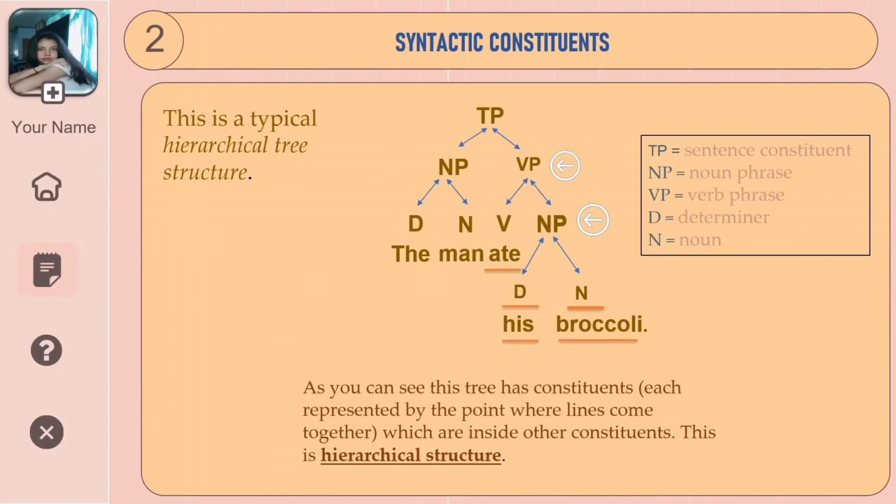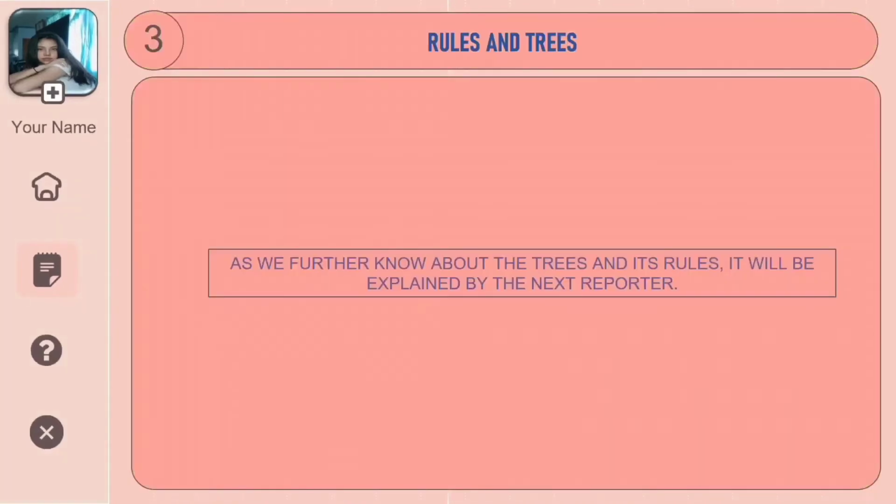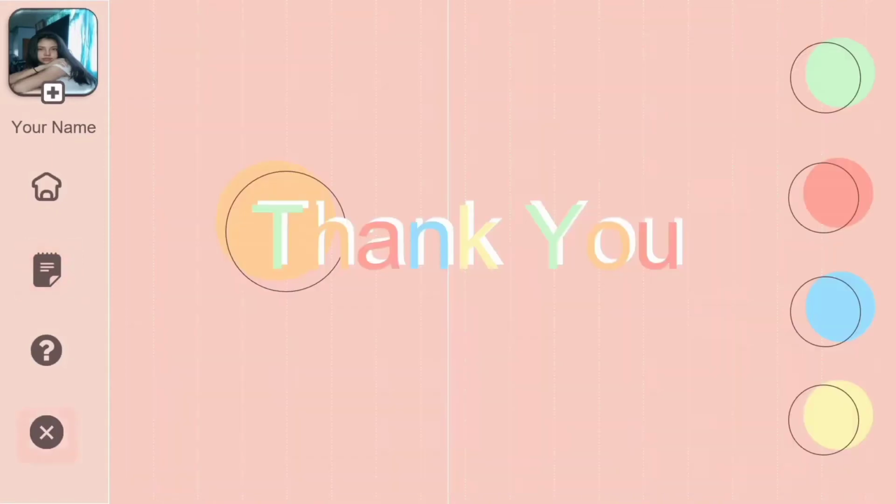So that is a constituent. If we pick the TP, or the sentence constituent, then we pick up all the words, so the whole sentence is a constituent. That also means that each individual word, like "man," is its own constituent. As we learn more about trees and their rules, it will be explained by the next reporter.